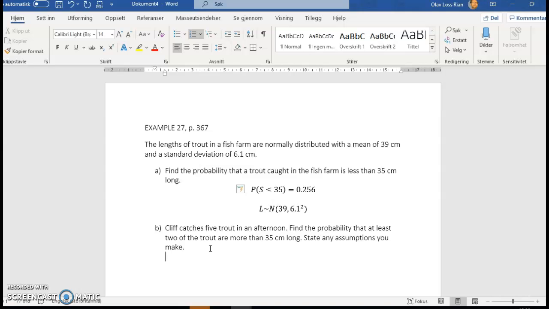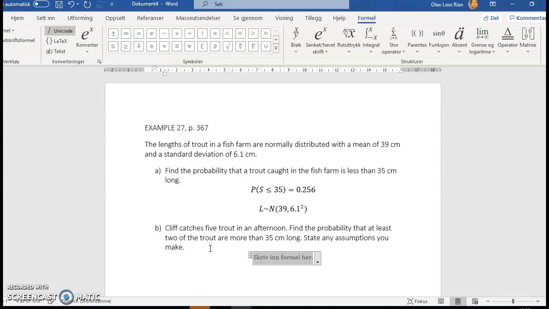So we can set up this second experiment as, okay, we'll call this random variable C, which is binomially distributed. And the parameters are 5, because we have 5 trials, 5 trout catches, and the probability for each trial is 0.256.